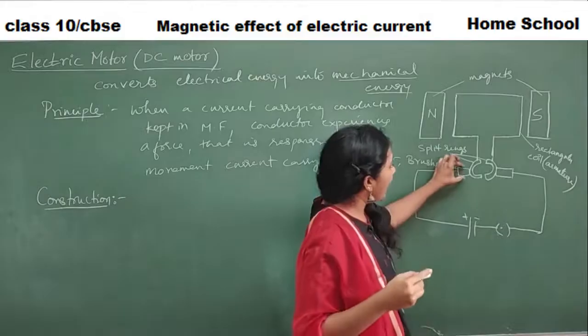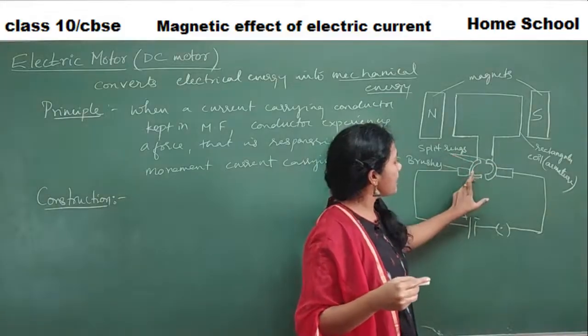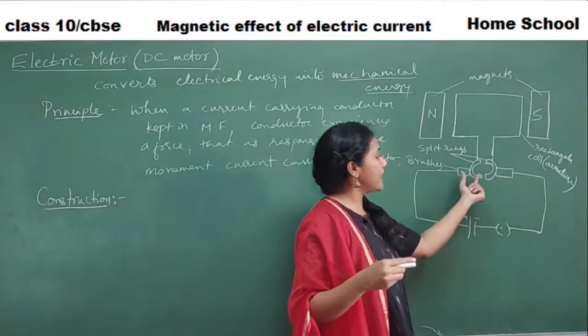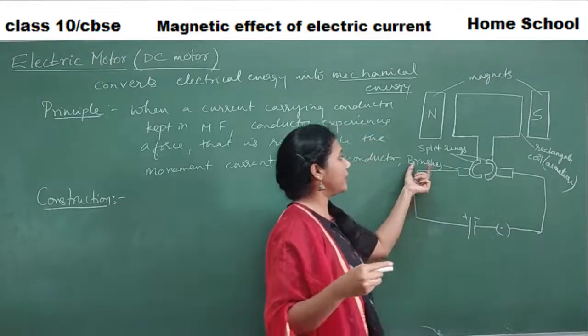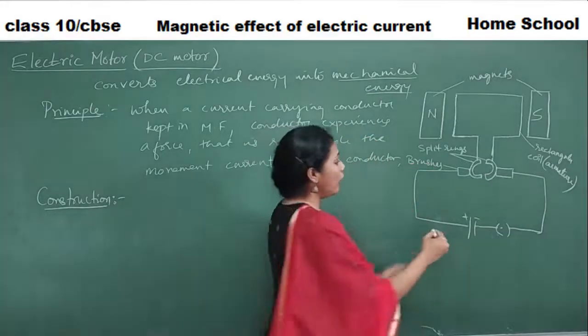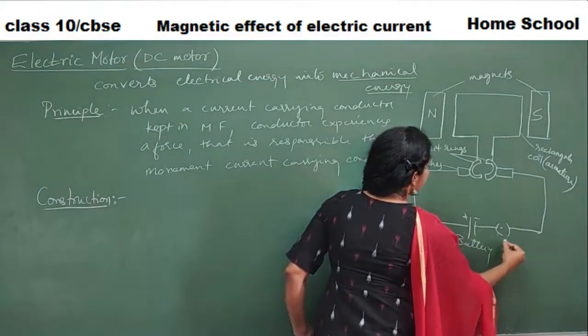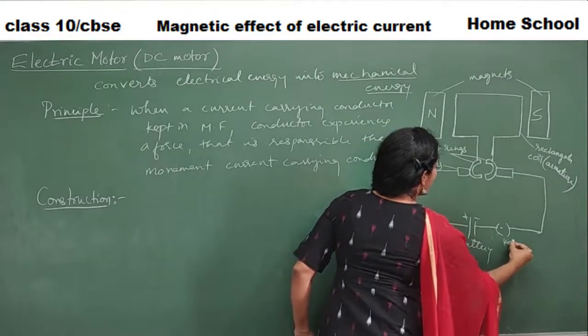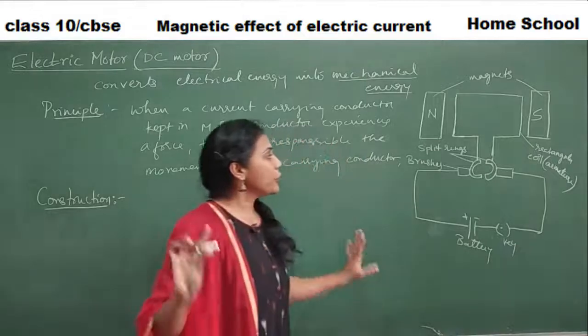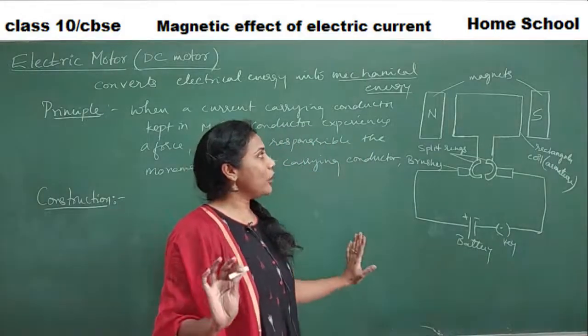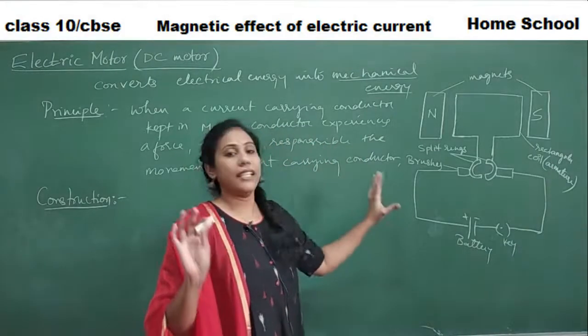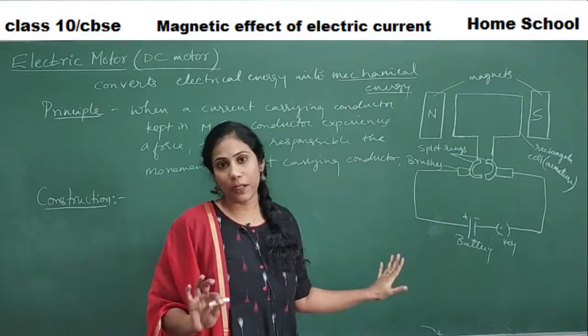I have drawn small boxes attached to the split rings, and these boxes are called brushes. And we all know this is a battery, and this is a key or switch. So this is the naming of different parts in a DC motor or electric motor.